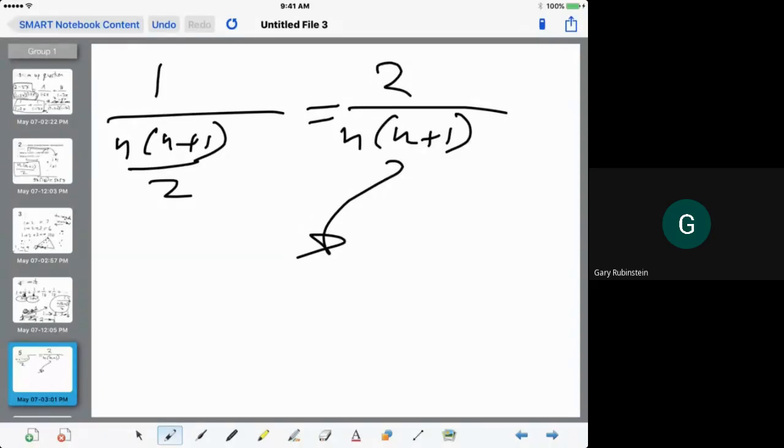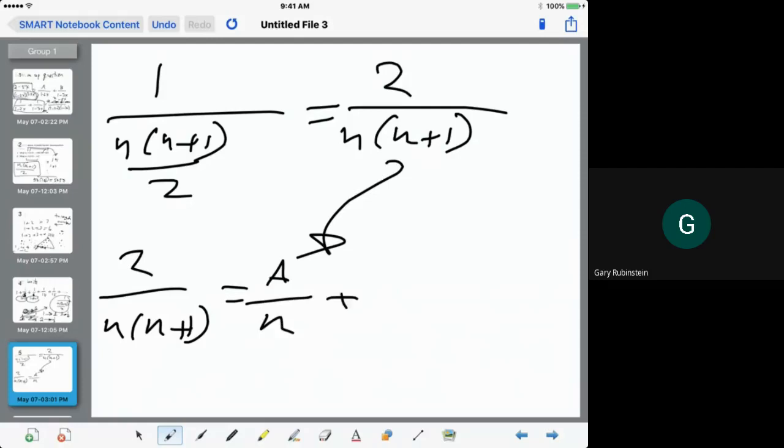What have we been doing exclusively for the last couple of days? Partial fraction decomposition. Thank you. A over n. It's an n instead of an x, but would you go ahead and do the partial fraction decomposition and get the values of a and b?